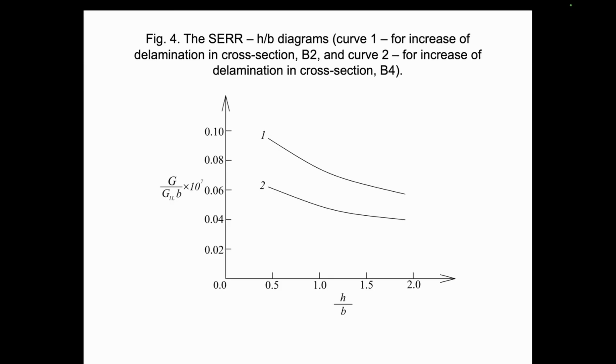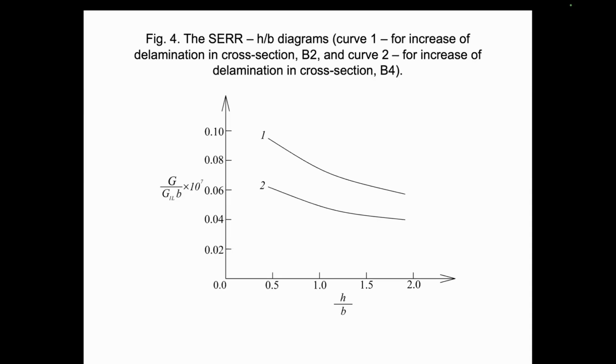The variation of the strain energy release rate generated by growth of H to B ratio is presented by graphs shown in figure number 4.